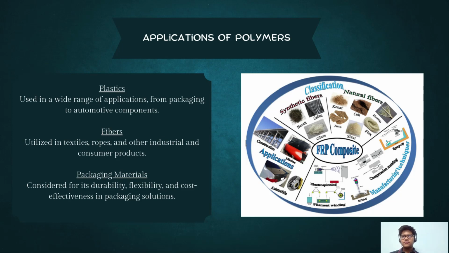Now let me give some examples of polymers. Polyethylene is used in plastic bags or containers. PVC is used as coating for electric wires and also as insulation. The next one is nylon, used in making water resistant clothing like raincoats and umbrellas.